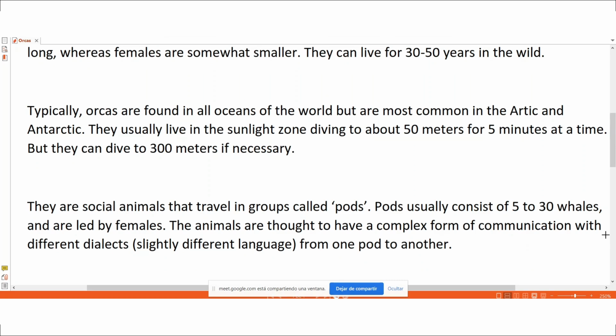Typically, orcas are found in all oceans of the world, but are most common in the Arctic and the Antarctic. They usually live in the sunlight zone, diving to about 50 meters for 5 minutes at a time, but they can dive to 300 meters if necessary.